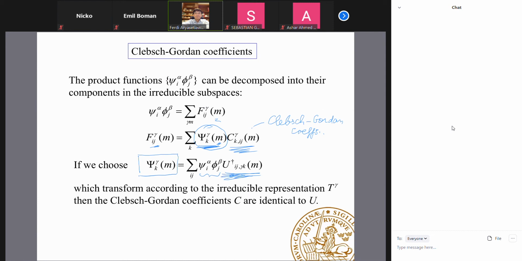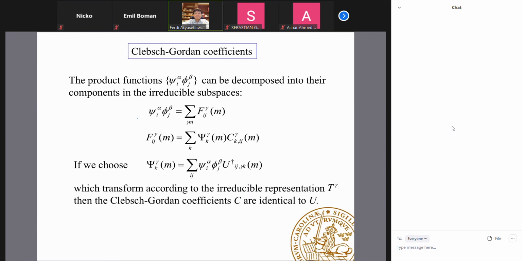But now here we are looking at the functions, the product functions, and we look at the coefficients, as linear combinations of basis functions that transform according to the irreducible representation gamma. And so this is exactly what we have when we add angular momentum.